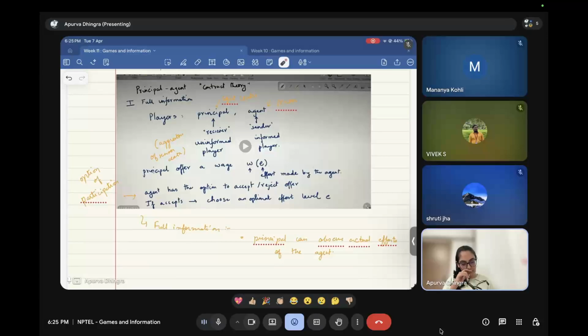So this is a scenario where principal has that kind of information, so he can see the efforts through whatever apps or processes, but he can see all of that. That's why we're calling it the full information scenario.